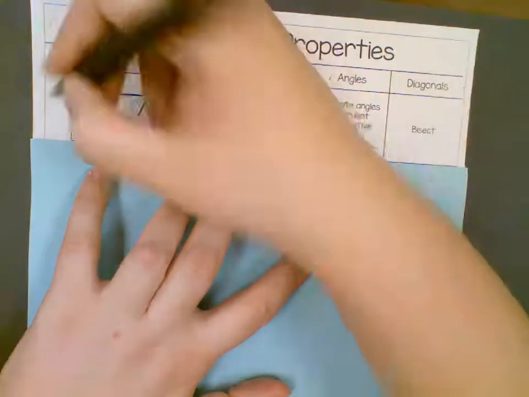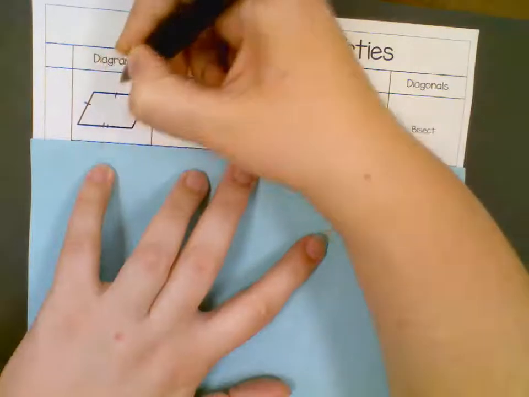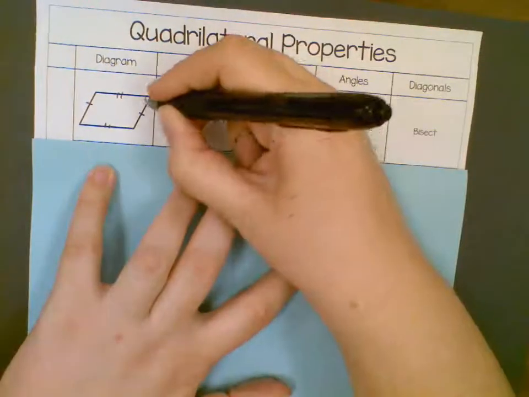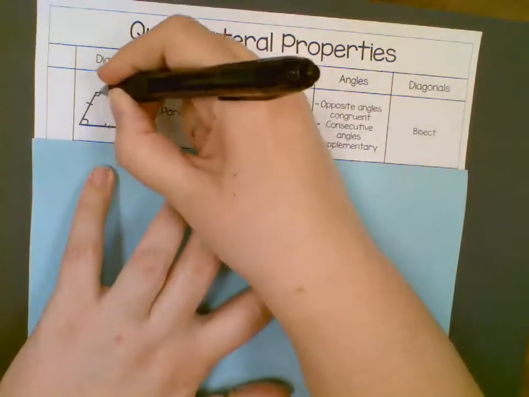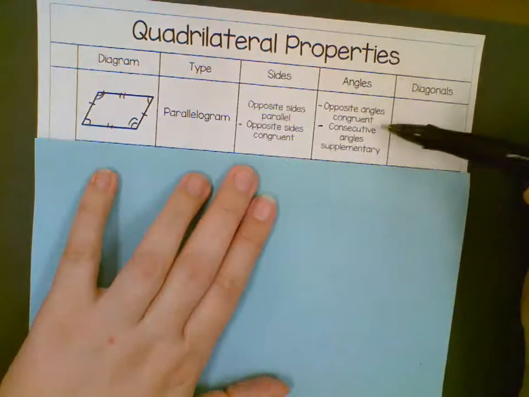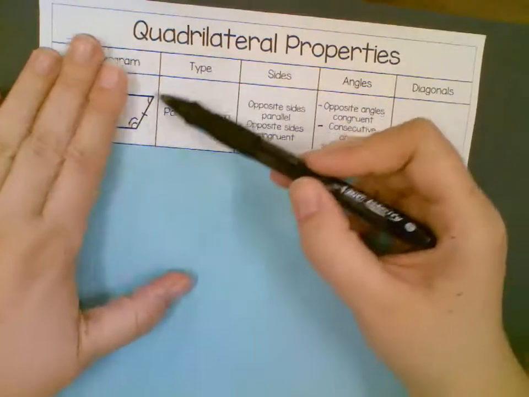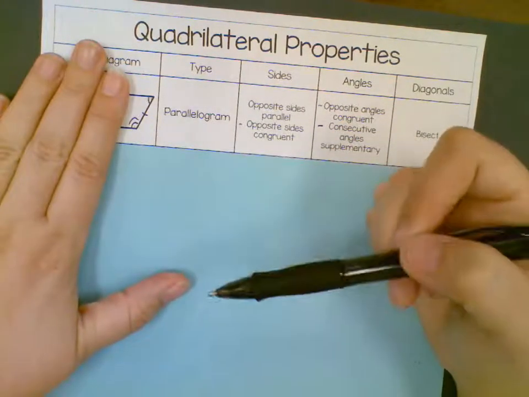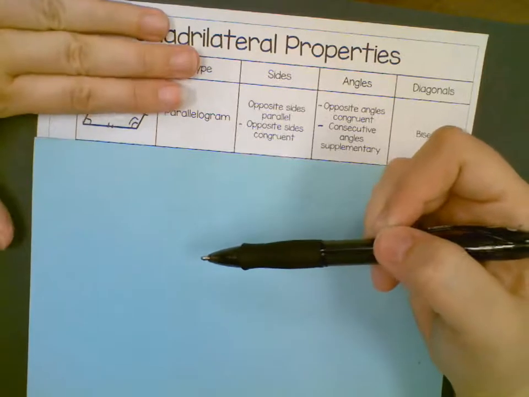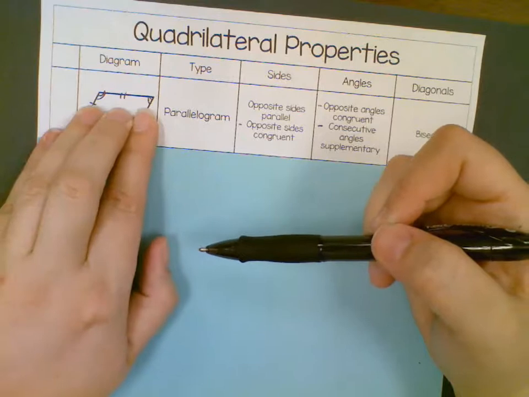And remember, consecutive means those are the angles that come one after another. So these two would be supplementary. Those two at the bottom would be supplementary. Those two on the left and the two on the top.